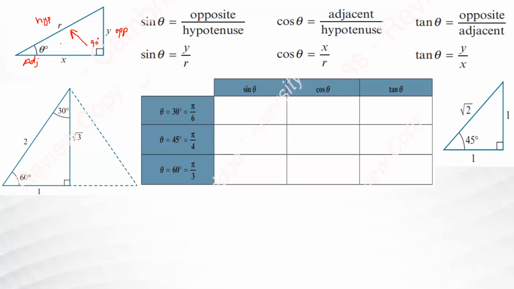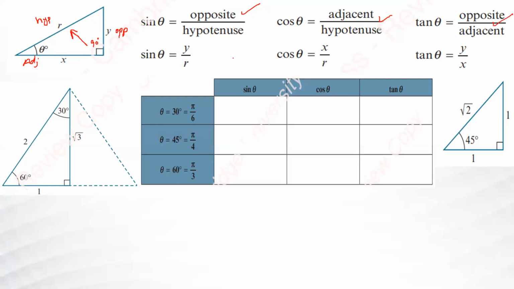Remember that sine theta is always equal to opposite over hypotenuse, as you can see here. Same as cos theta is equal to adjacent over hypotenuse. And then tan theta equals opposite over adjacent.